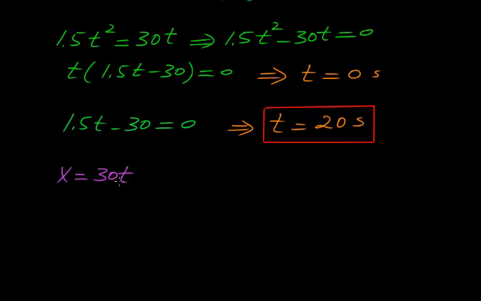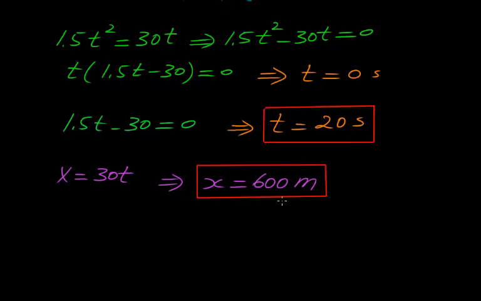Substituting the time t by 20 seconds, we can solve for the position x to equal 600 meters. This position x represents also the magnitude of the displacement as well as the distance traveled by both the speeder and the police car, because this motion is a one-dimensional motion where the two objects are moving in one direction all the time.